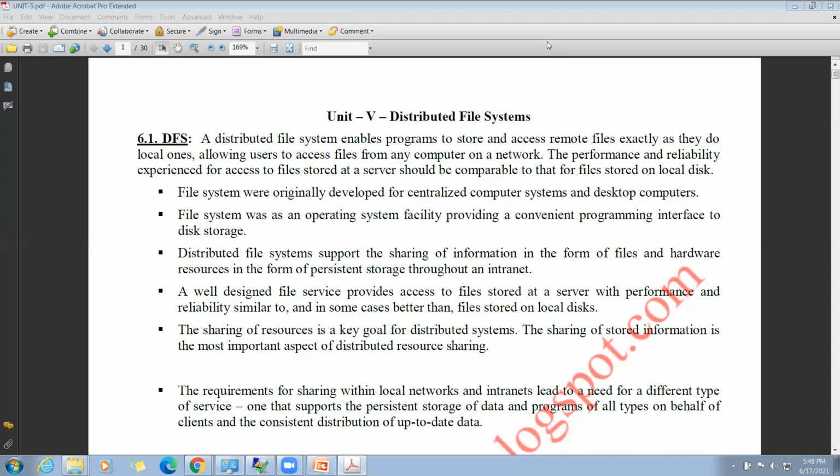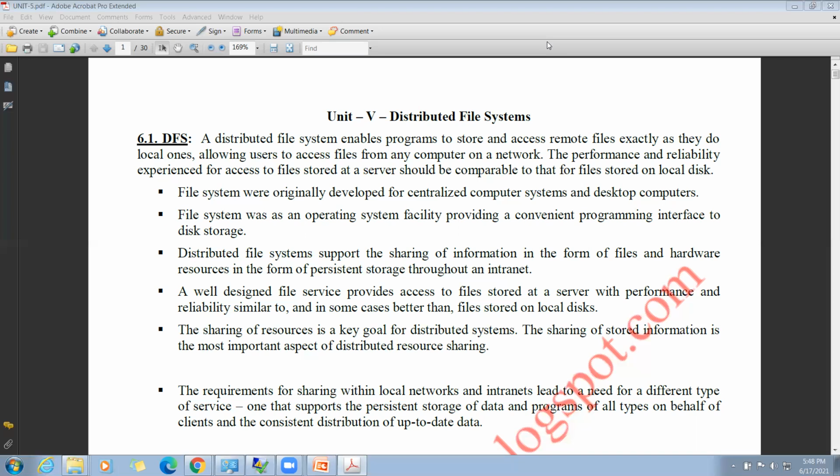Suppose one file is at another system which is located at another place, and we are at our system. Now we can access the file which is located in a different place on a different system. Still, that is possible by using a distributed file system.